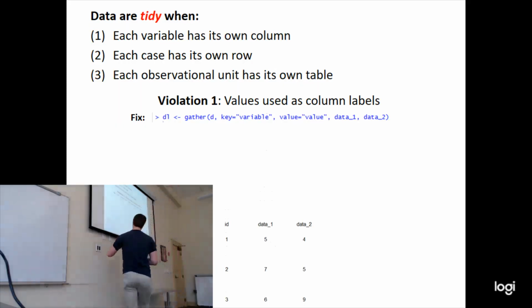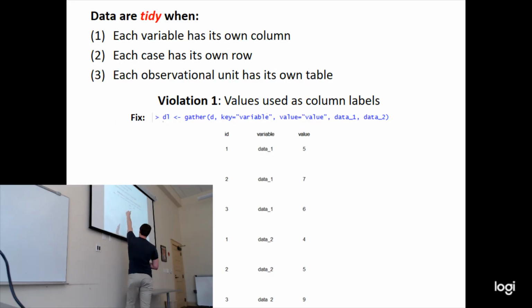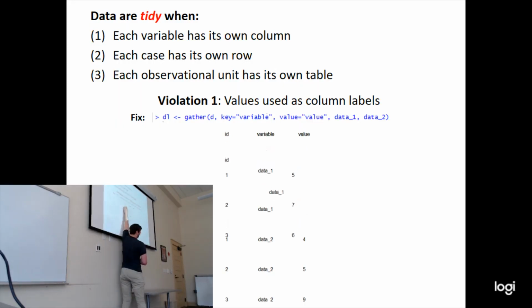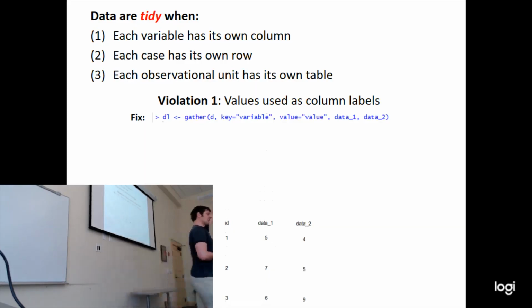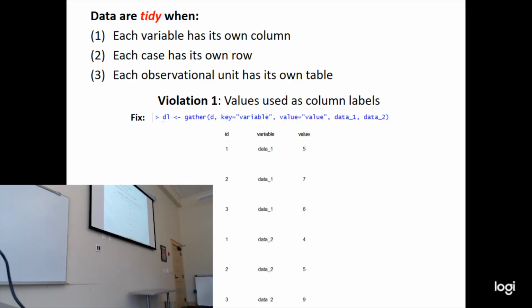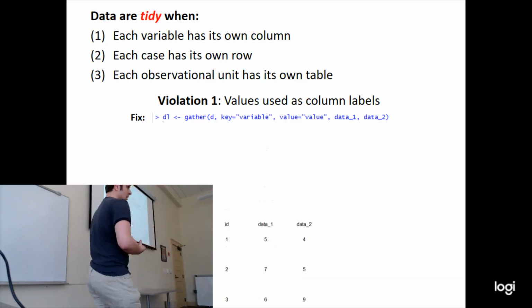Suddenly, each of these rows belongs to, say, school district 1, which has a data 1 row and a data 2 row. This is a very powerful idea.